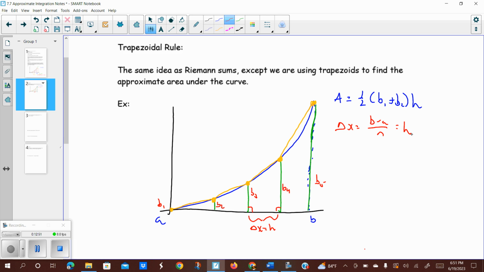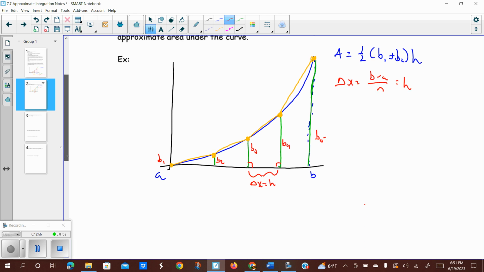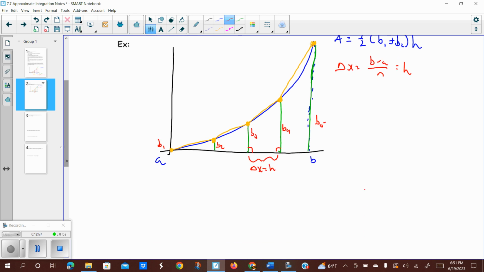All right. So if we want to do this, we want to add up all the areas of the trapezoids. Well, again, areas of trapezoids are 1/2 the sum of the bases times the height. So the first trapezoid, this one right here, has 1/2 times base 1 plus base 2 times the height, which is delta x, plus the second trapezoid, this one right here.